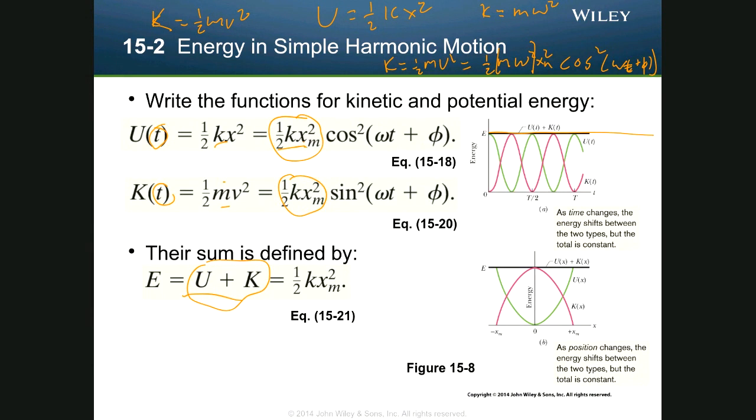Let's see which one is which. The green is potential. You can see that the potential will oscillate, and as the potential decreases, that gets turned into kinetic energy. When you lose all your potential energy, you have maximum kinetic energy, and vice versa. And you go all the way through. And when you add them up, you get this constant line.